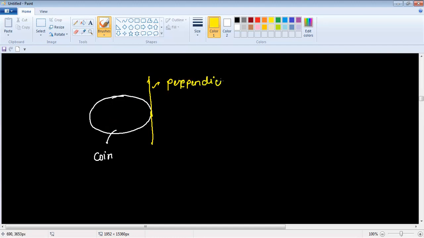Suppose we have a coin, and we want to calculate its moment of inertia about the tangent axis that is perpendicular to the surface of the coin.